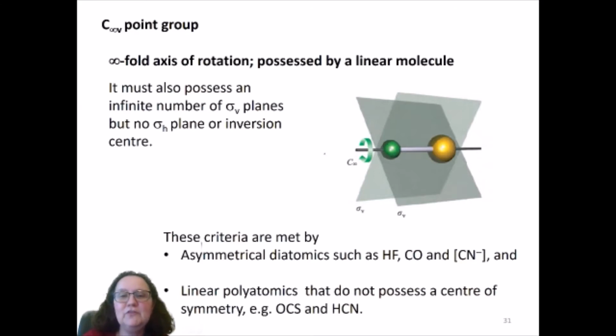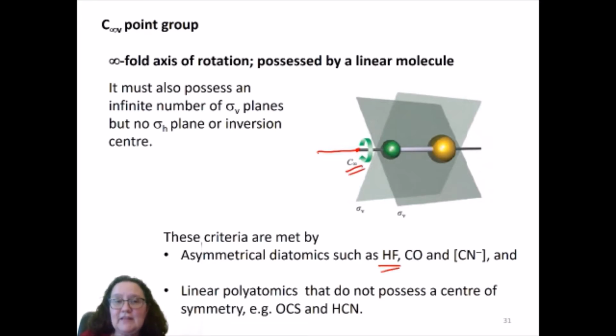If you think of the axis going through, for example, hydrogen fluoride, carbon monoxide, or the cyanide anion, and you imagine the symmetry axis going through the bond between the two atoms, you can have an infinite rotation around that axis. That's why it's called C infinity, and they all give you the same configuration.